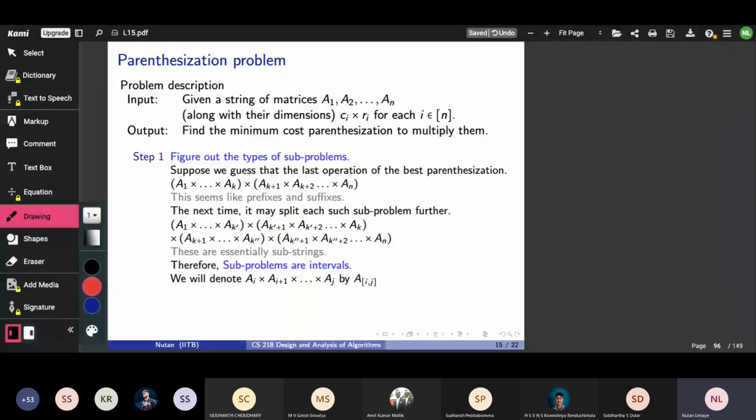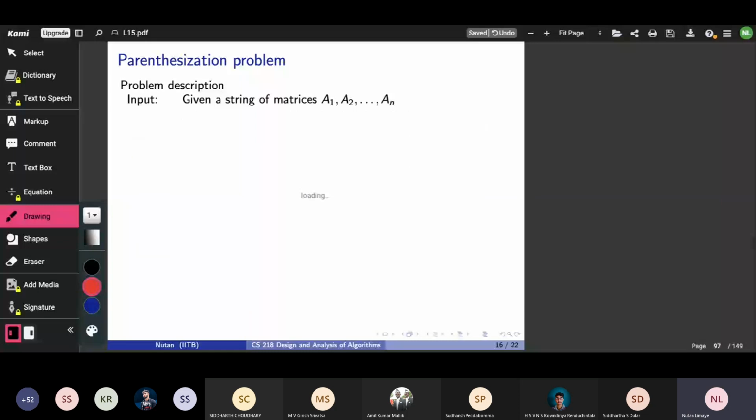So a specific subinterval of multiplication of matrices, between matrix number i all the way to matrix number j, we depict as A of ij, where ij stands for the interval. So now I have done step number 1. I may have to come back and fix this step number 1, because later steps may tell me that my choice of subproblem definition was not quite right.